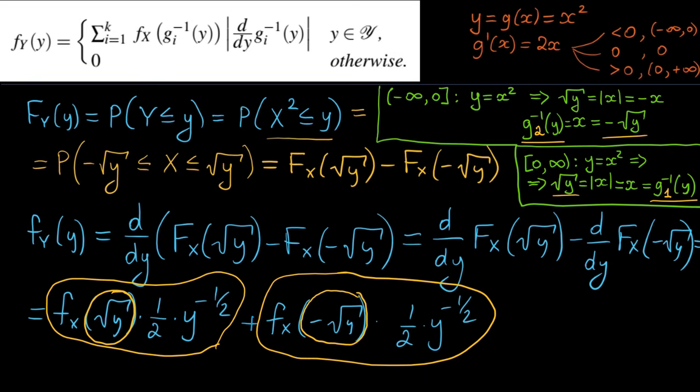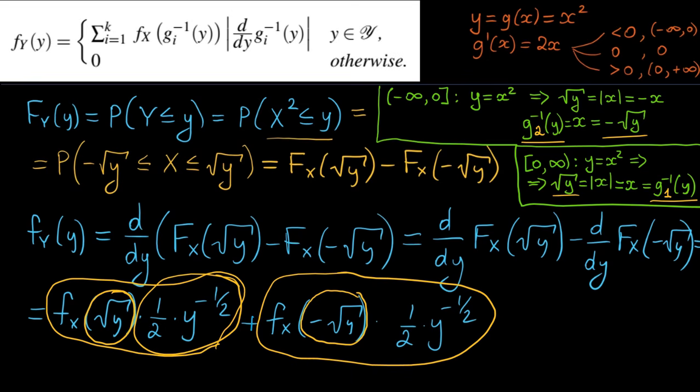And finally, if we look at the formula once more, we see that there's that absolute value term at the end, and inside the absolute value is the derivative of the inverse of g_i. What is the derivative of the inverse of g1? It's the derivative of the square root of y, which is 1/2 times y to the power minus 1/2. Okay, so that's this term here.